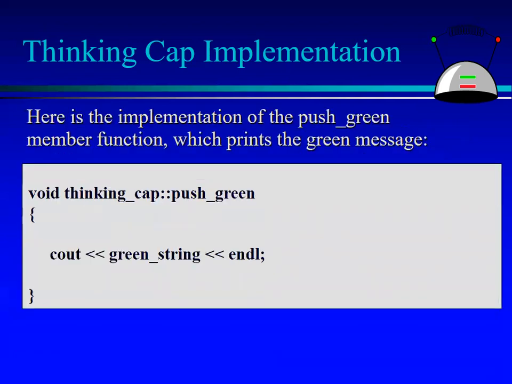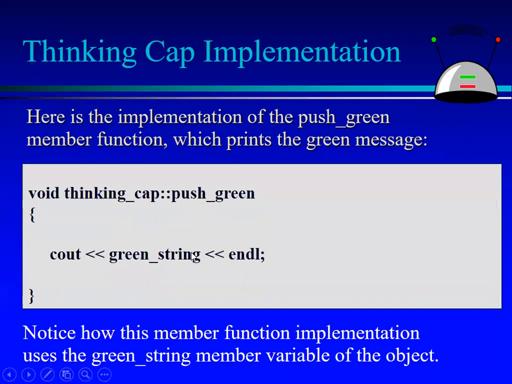Here is the implementation of the push_green member function. Basically, this is the message which we are printing, the green string. Nothing else. Here the quotation mark is missing, so just consider that. Notice how this member function implementation uses the green_string member. It is the variable having that value that will be printed.